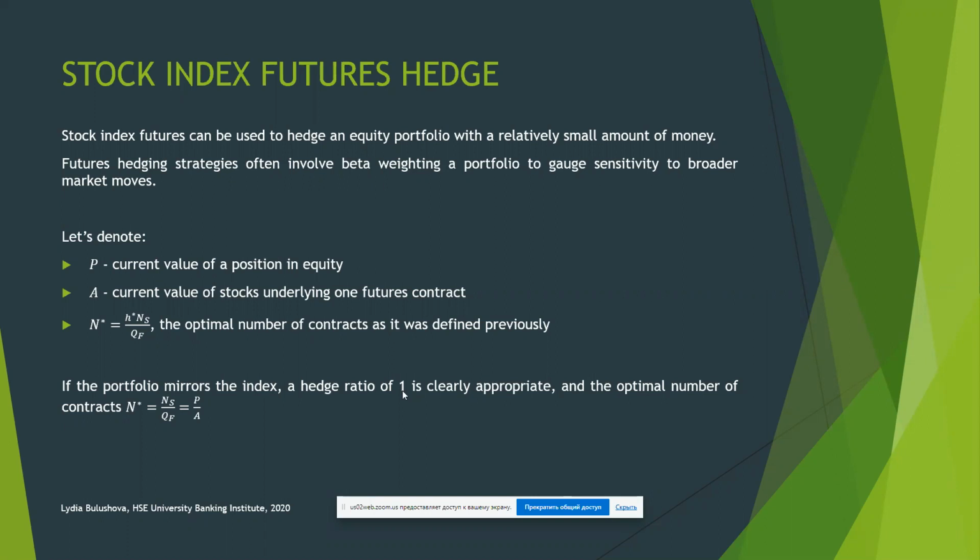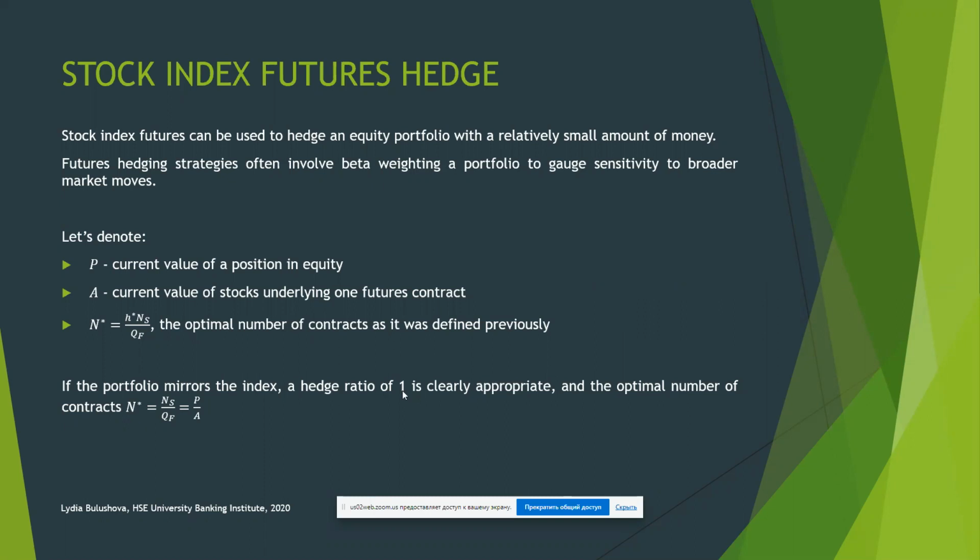So, before you decide to hedge an equity portfolio with index futures, you have to determine to what extent your portfolio is covered by the index. What's the coefficient of correlation between your portfolio and the index?